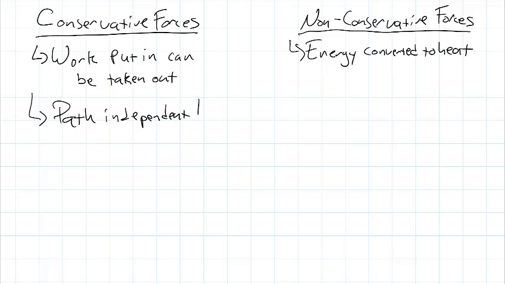What does that mean? That means that the net work done over a closed path is 0. If you have only conservative forces acting on your system and you return to where you started after transferring a certain amount of energy to or from the system, then if it's a closed path, your net work, the total energy that you transferred, is 0.